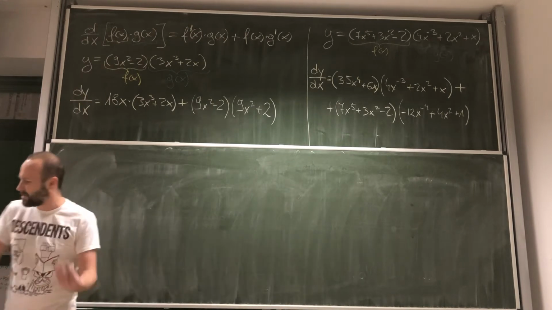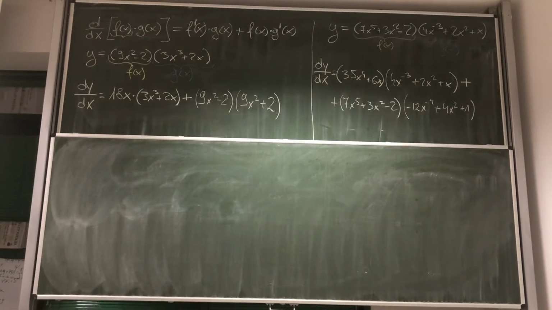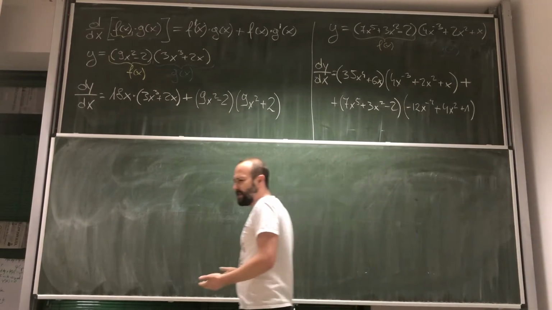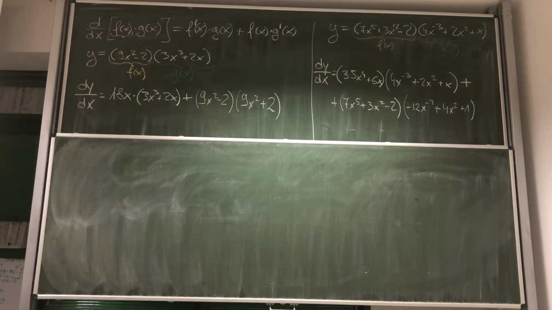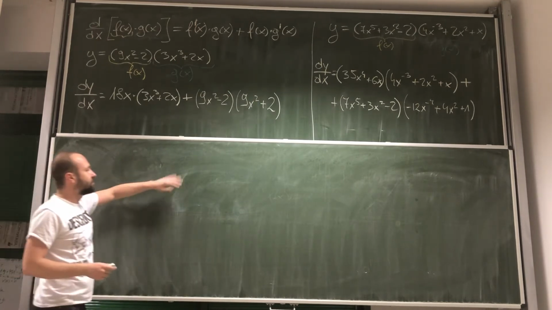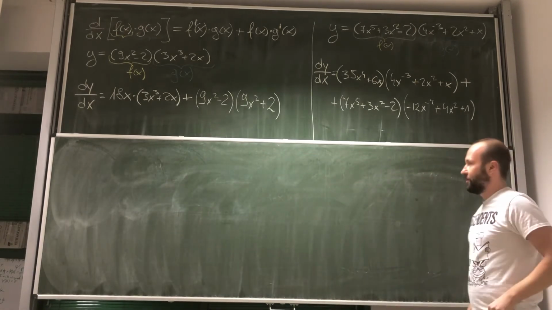I'm not going to be proving that using the definition, because that would be a very time-consuming process. Let's just use the information we already have in order to find the derivative we are looking for.